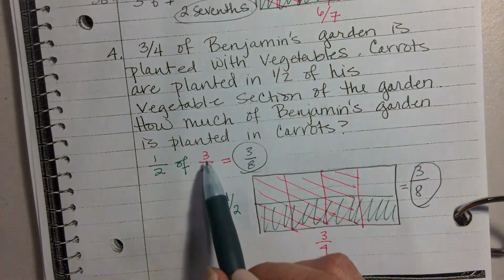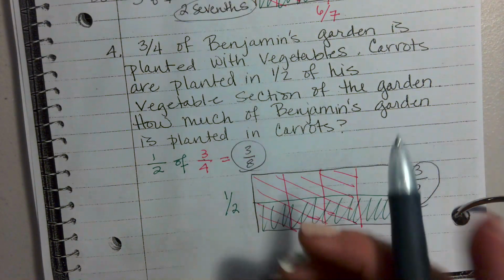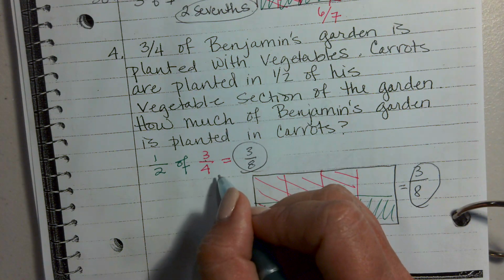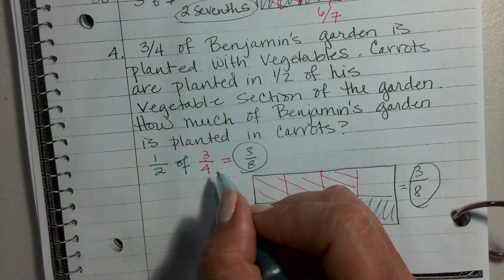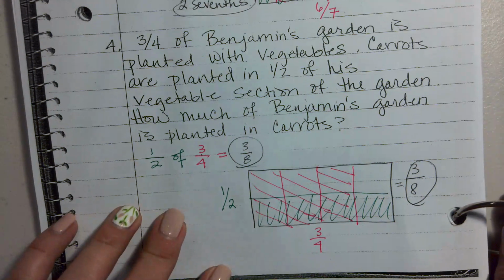Do you see how this is half of 3? So if you didn't like working with that and you wanted to make this 6/8, you could also do that, because 6/8 is actually equivalent to 3/4. If you were thinking about that halving, 1/2. So you could also think of it that way if you wanted to, or simply solve like this.